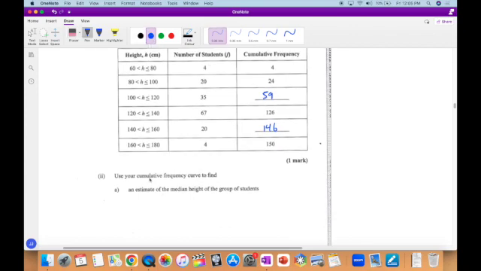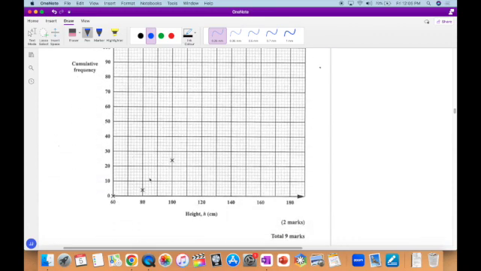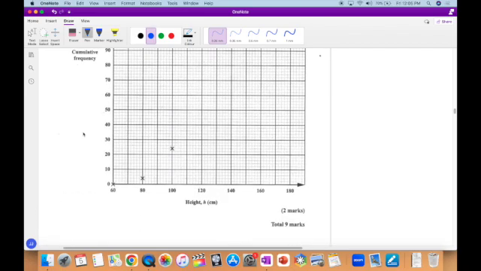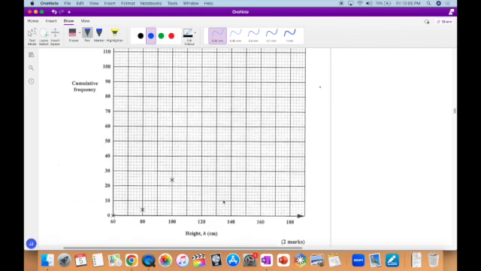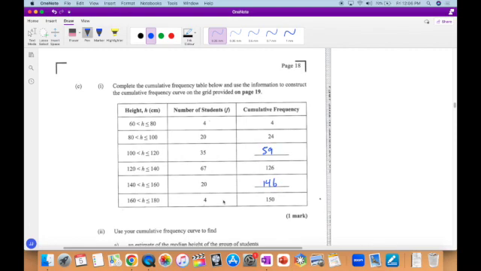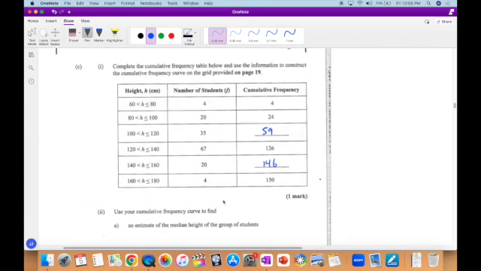And so now we have to plot this, and let's see how they plot it here. We already have some. We have the cumulative frequency on this side and the height h on this side. So we can see that from the height, they use the lower boundaries.